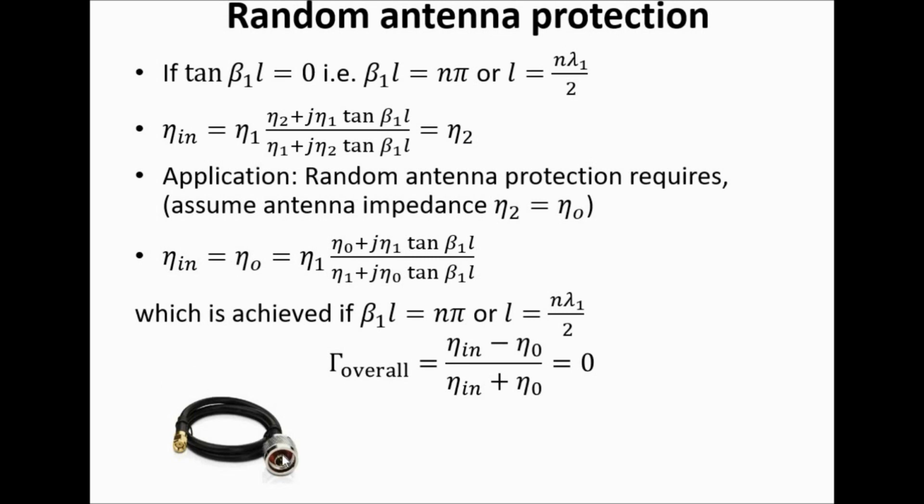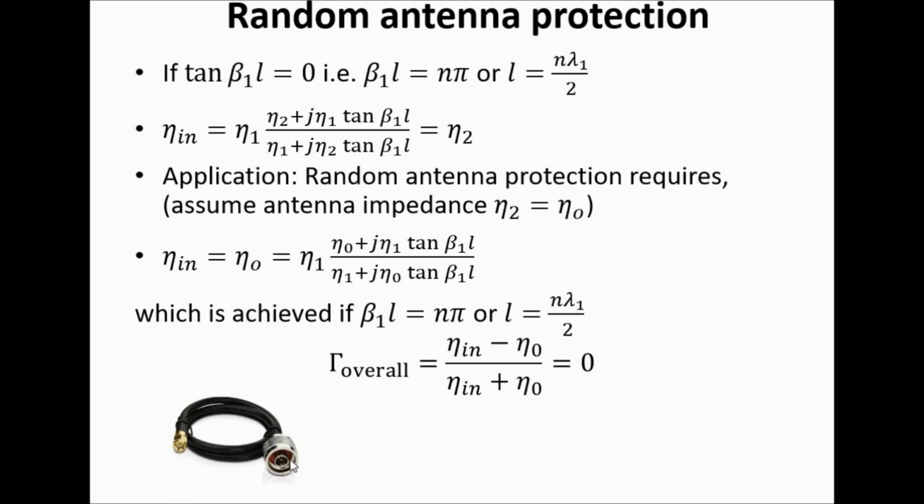So let's say you connect something to this port and set the length of this wire equal to lambda by 2. Then the impedance at that point, let's say this is eta 2 and this side is the input impedance eta in. So here is eta in and here is eta 2.